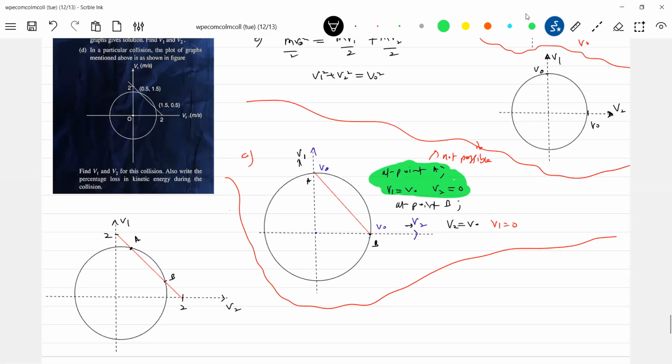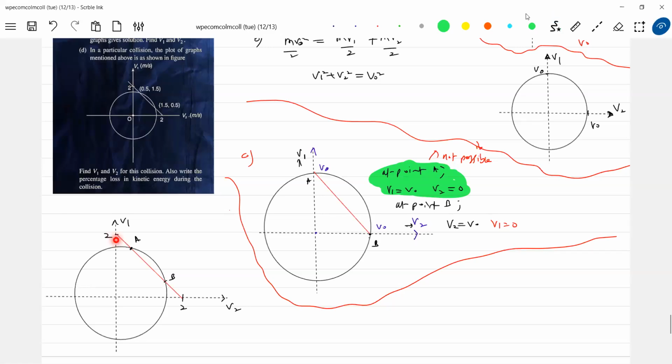Coordinates of points A and B are given. Any relation between v1 plus v2? Shall we write v1 plus v2 equal to 2? Because that is what the initial velocity says, no?